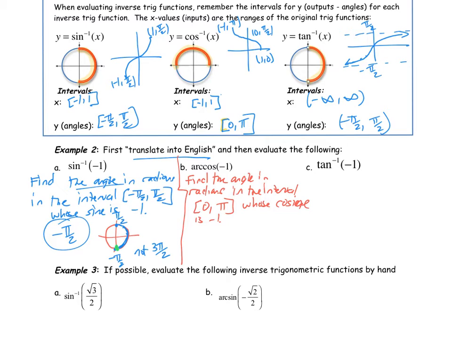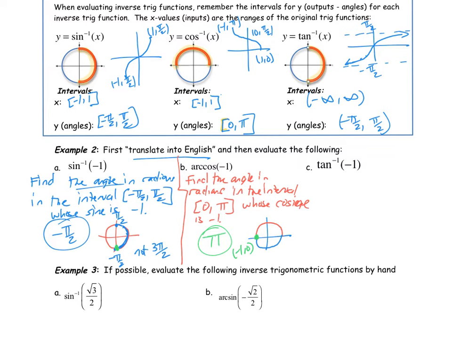So if we sketch a little unit circle, and remember that for inverse cosine, those angles are going to be on the top half of the unit circle. And then we want a cosine value of -1, and so that value is going to be at π. So that's our answer here, because this ordered pair is -1, 0.